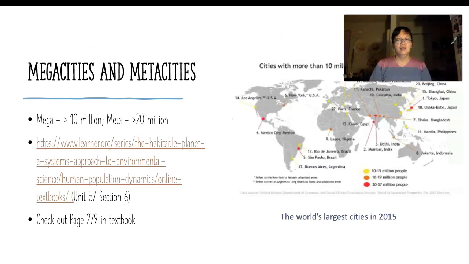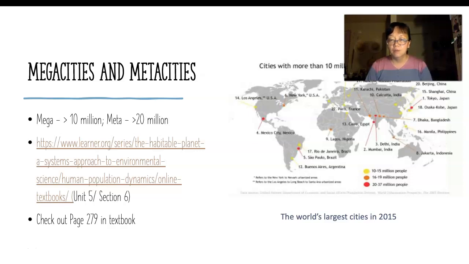Now let's look at the map on the right side, the world's largest cities in 2015. What is a megacity? A megacity has more than 10 million population. And what is a metacity? A metacity has more than 20 million people. Those are big cities with very high populations.